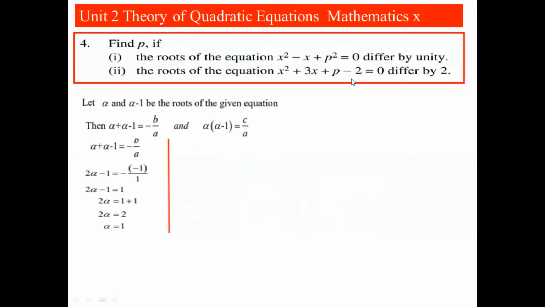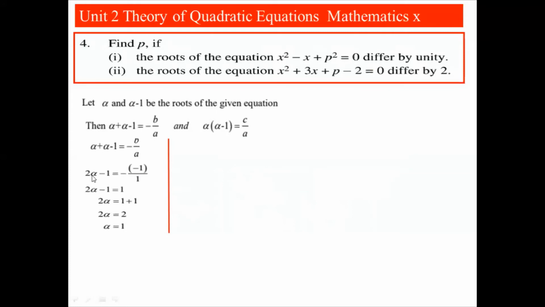Now this equation is given here. Here a is 1, b is minus 1, and c is p square. Minus this will be equal to positive.